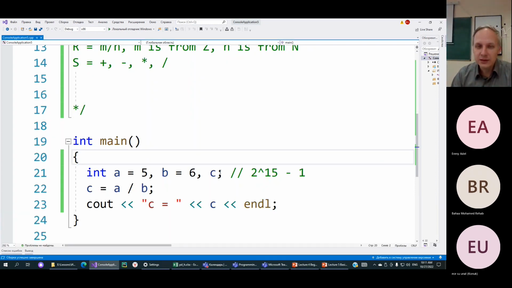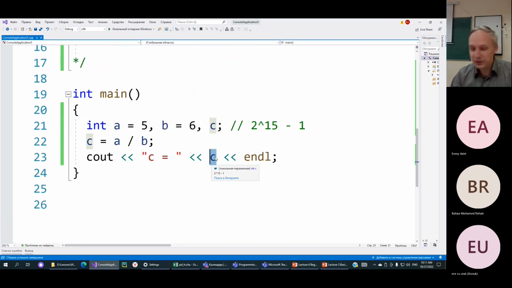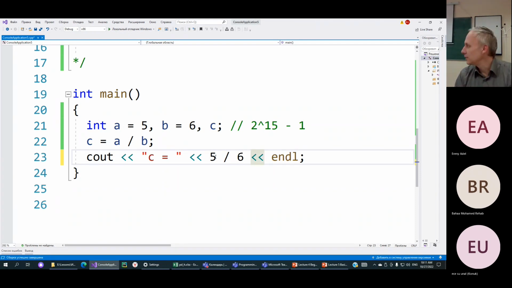And this will be true even if I write this division here. 5 over 6 will be 0.